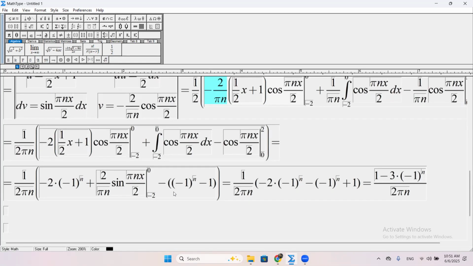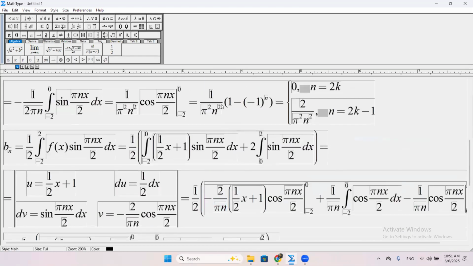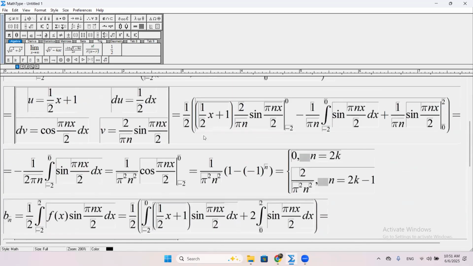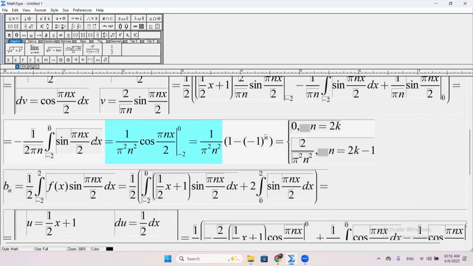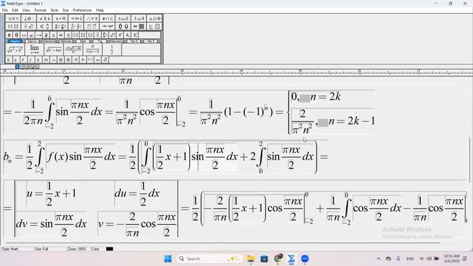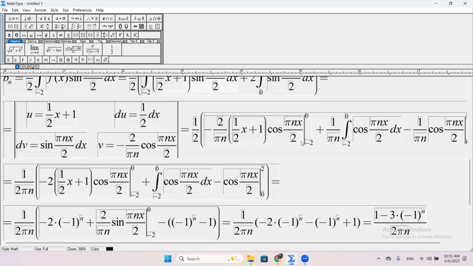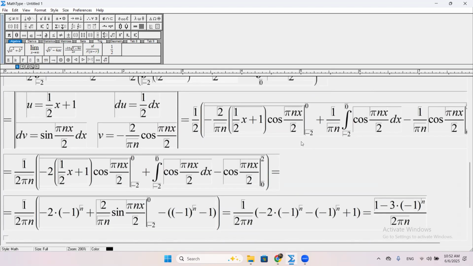Is it possible that the mistake is higher than finding Bn? Where? So in An, you mean? Yes. No, it's correct. So everything matches. So An and Bn don't depend on each other. Absolutely. Well, it seems that something is wrong in my notes.